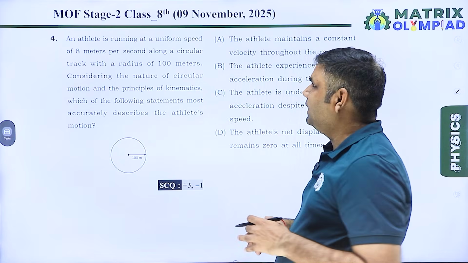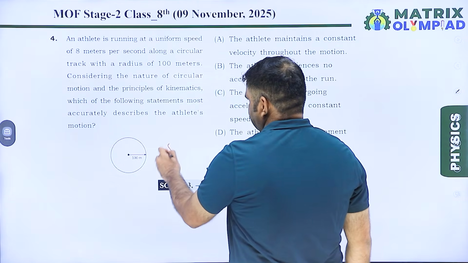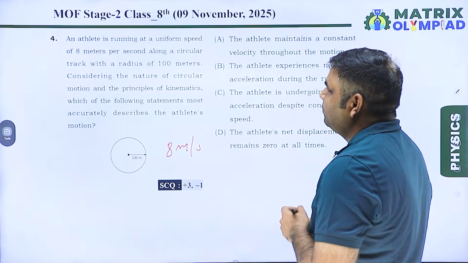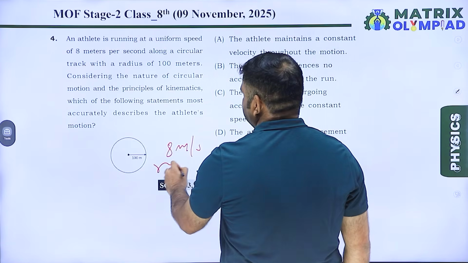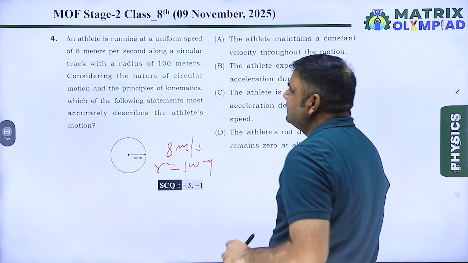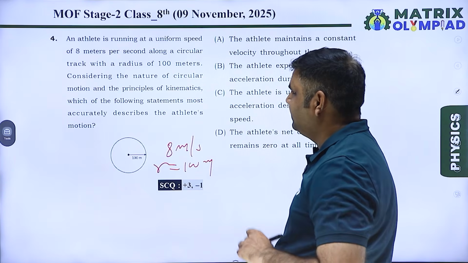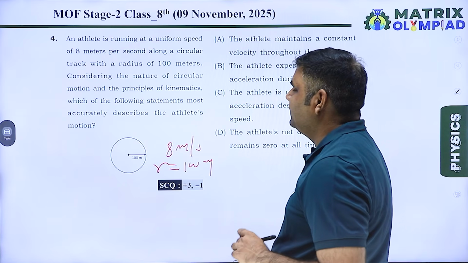An athlete is running at a uniform speed of 8 meter per second along a circular track with a radius of 100 meter. Considering the nature of circular motion and the principle of kinematics, which of the following statements most accurately describes the athlete's motion?